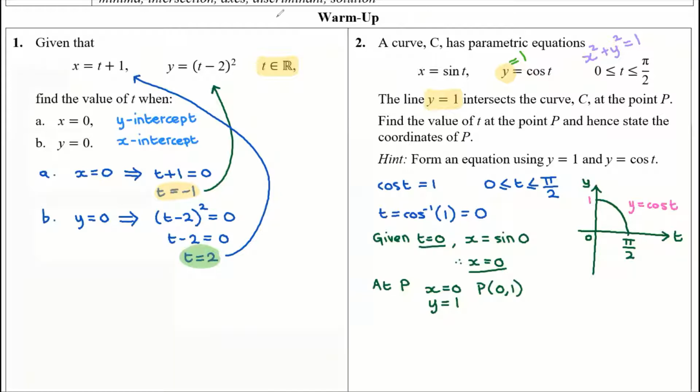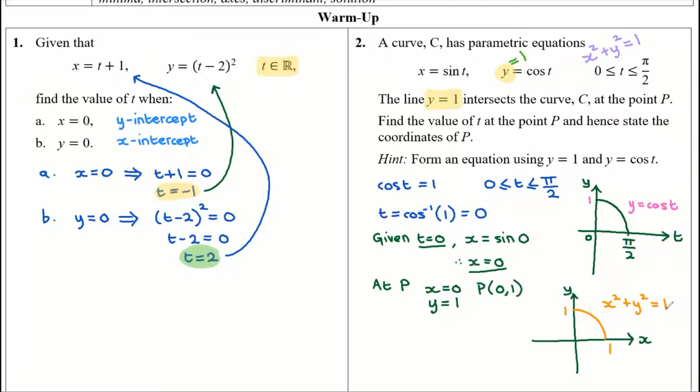I'll show you what I mean on a diagram. If we draw x and y, it's a circle of radius 1, but of course it's only defined for the first quadrant. So x squared plus y squared equals 1, radius of 1, center at the origin.